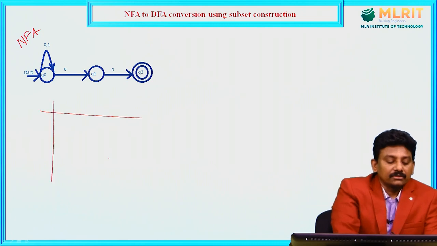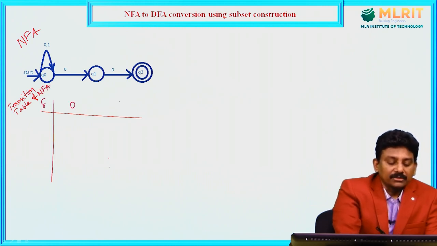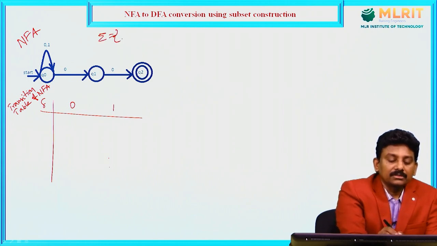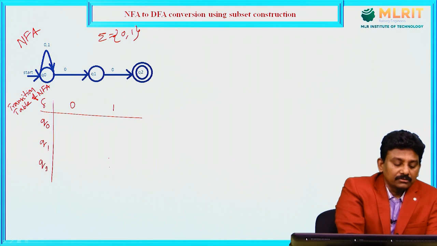First, we need to construct the transition table of the given NFA. The columns represent the input alphabet, 0 and 1. The rows represent the states Q0, Q1, Q2.